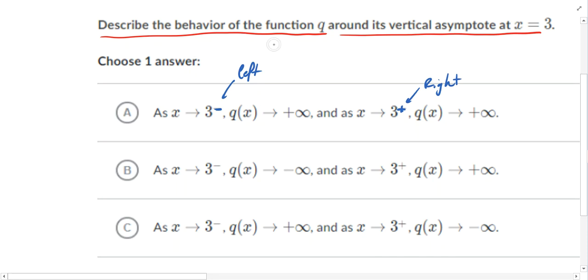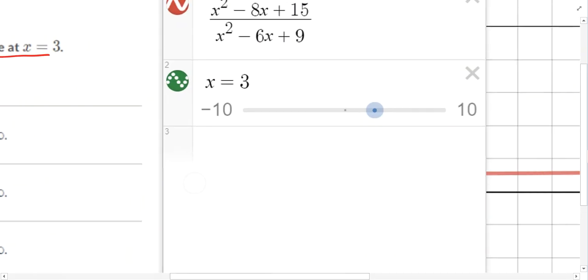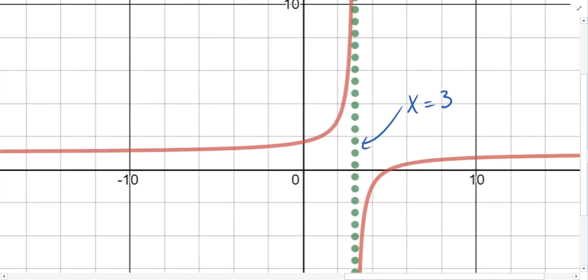And so the behavior of the function q of x is a representation of the y coordinates. So what are the y coordinates doing as our x coordinates approach 3 from the left and as they approach 3 from the right? Well, as our x values approach the number 3 from the left, these are all the x coordinates. These would represent all of our y coordinates, and where they intersect, of course, is the point on the graph.